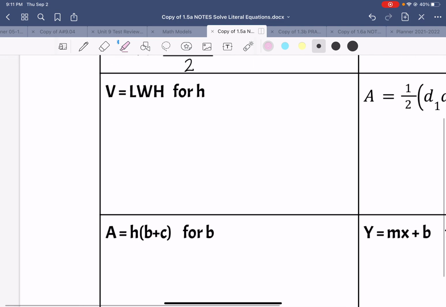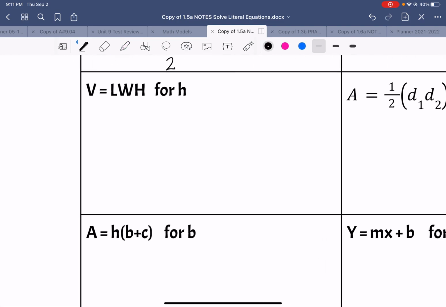All right, this next one is a little different, okay? As I'm looking at this, it says volume equals length times width times height, or V equals L times W times H. And I want to solve for H, okay? So as I'm looking at this equation, I notice that it's L times W times H. So everything's being multiplied.